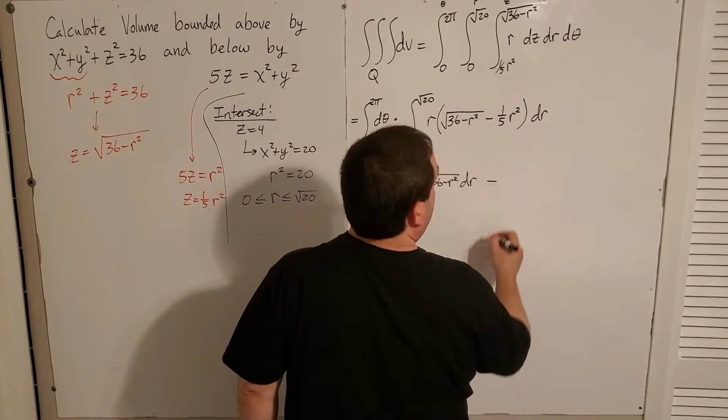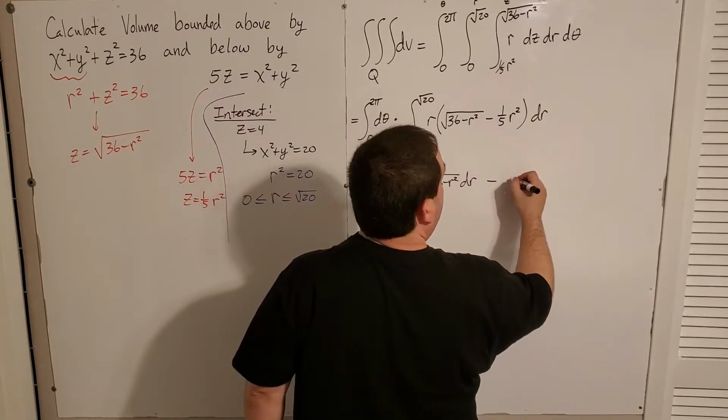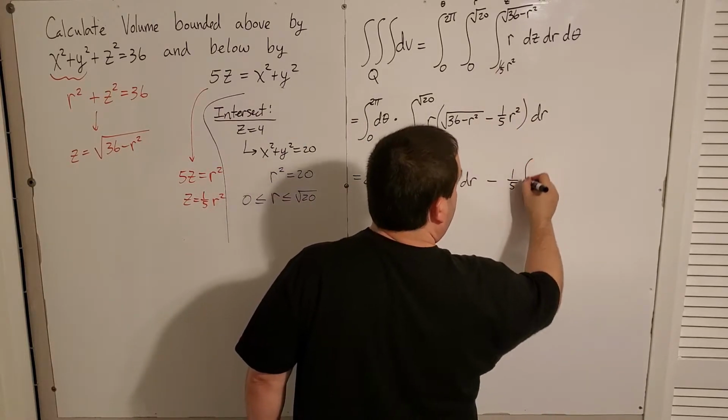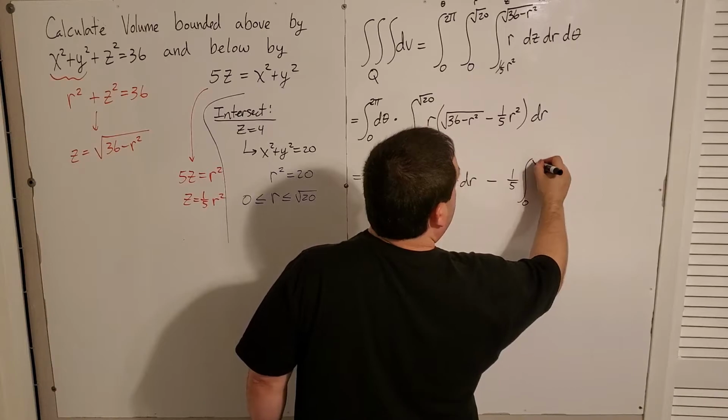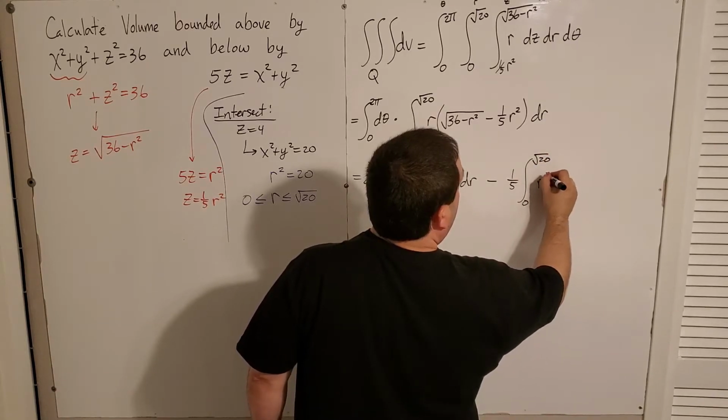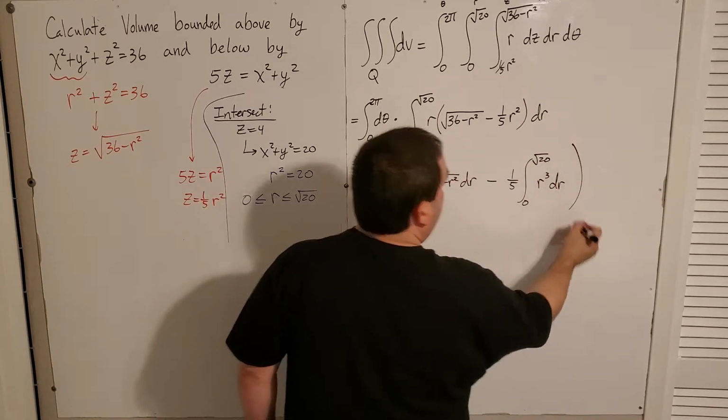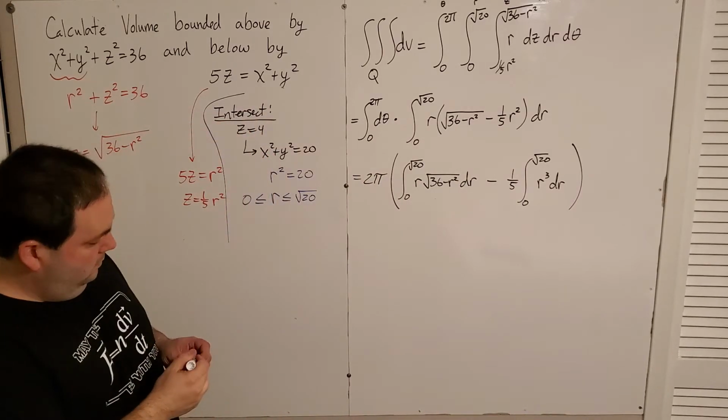Minus, bring the 1/5 out, integral from 0 to square root of 20 of r cubed dr.